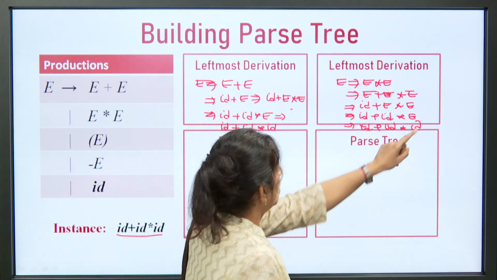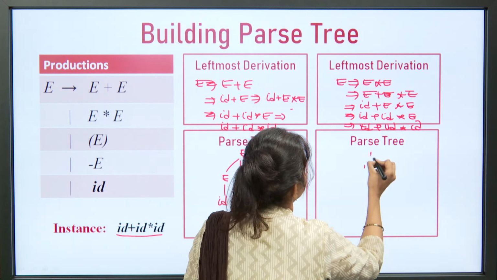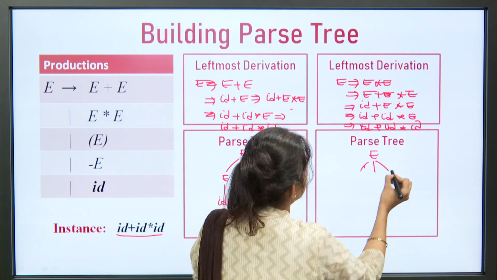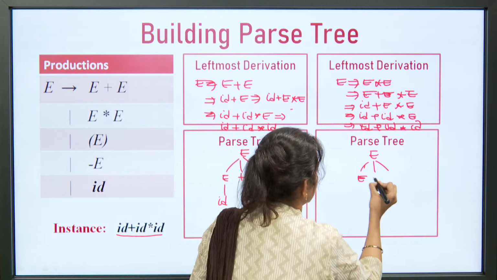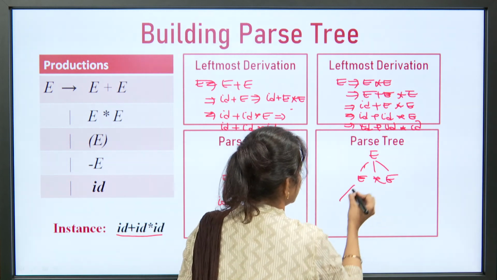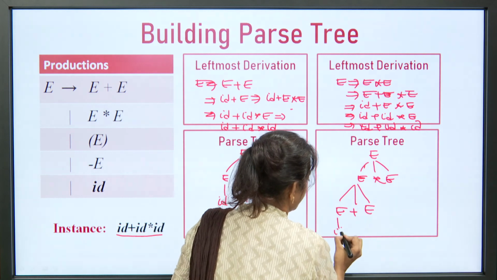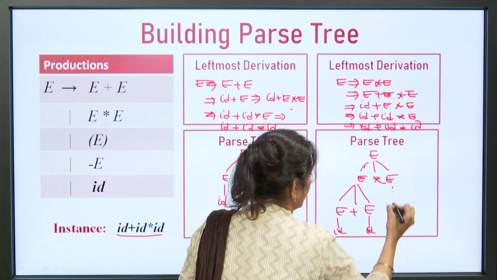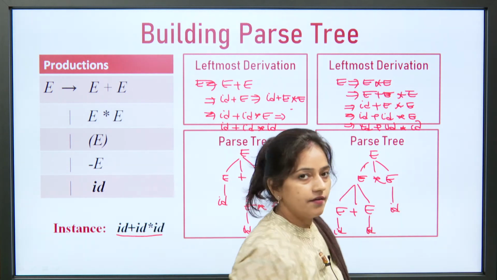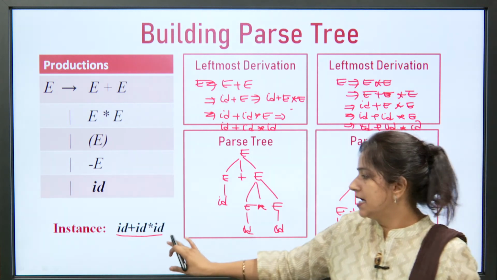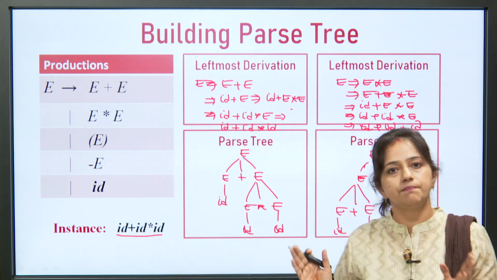Similarly, we can draw the parse tree for this leftmost derivation. Here E derives E multiplication E, and then this E derives E plus E, and then this E with ID, this E with ID, and this E with ID, right. So, what we are saying, for a single instance there are two different parse trees.